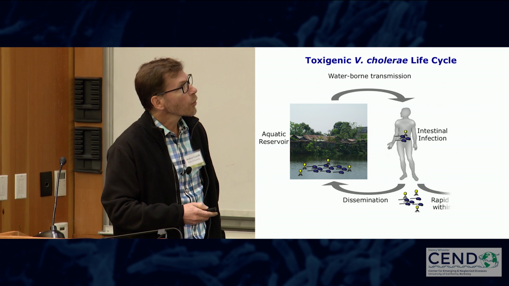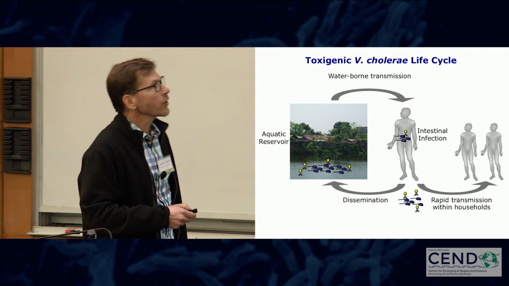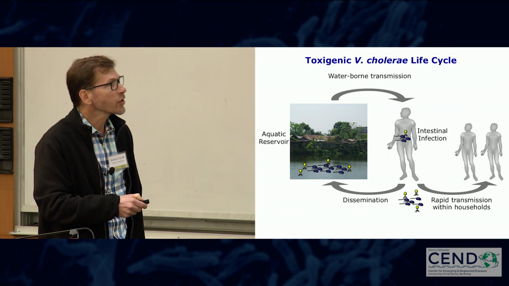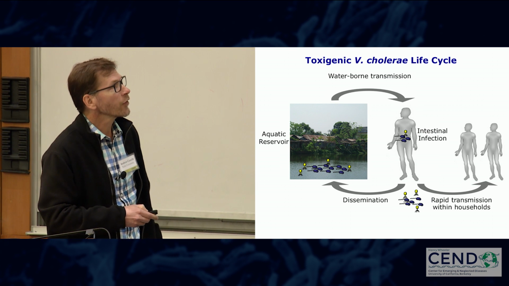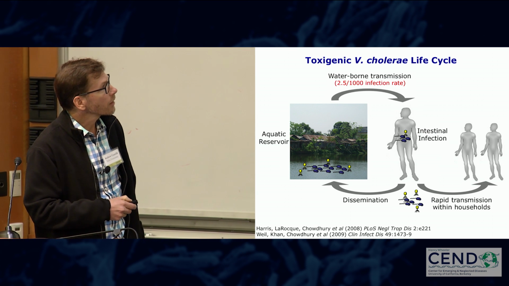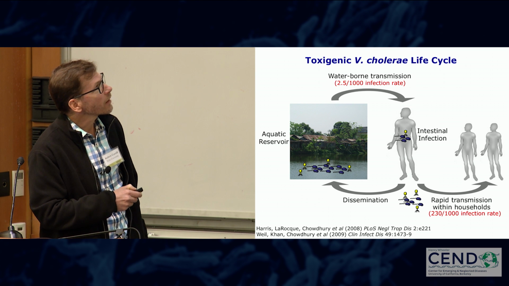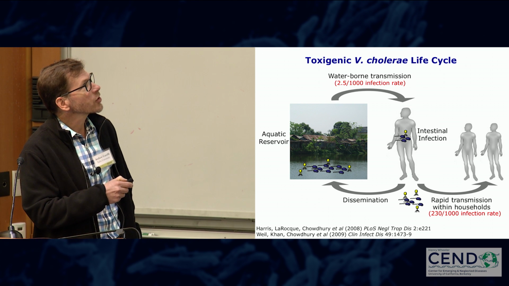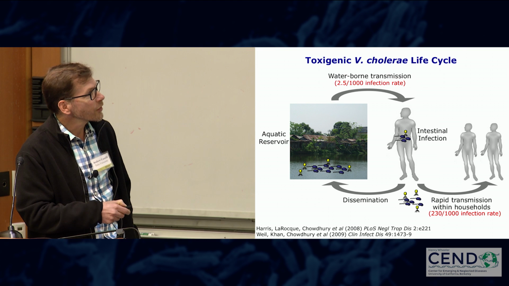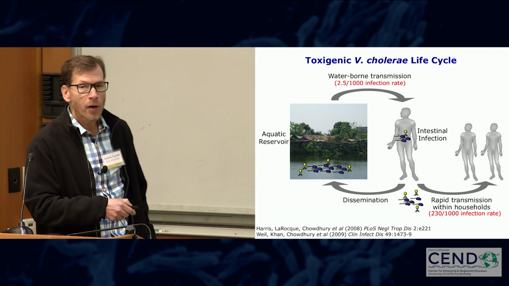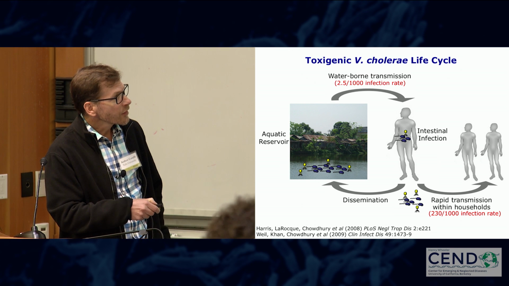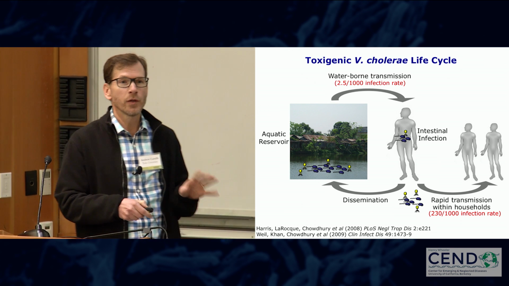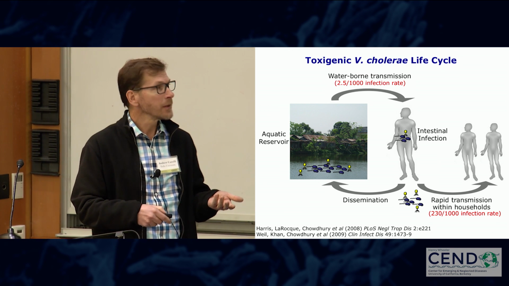But it's become more and more appreciated that a major other mode of transmission is a rapid mode of transmission that happens within households. Some recent studies have estimated that the rate of infection goes up about 2 orders of magnitude if you reside in a household where somebody comes down with cholera. And the peak incidence of these secondary cases is about 2 to 3 days after the index case.